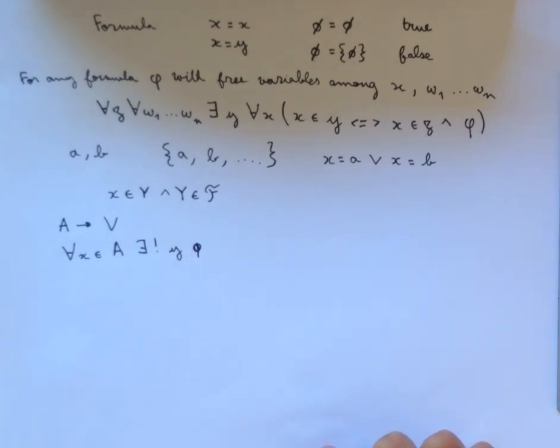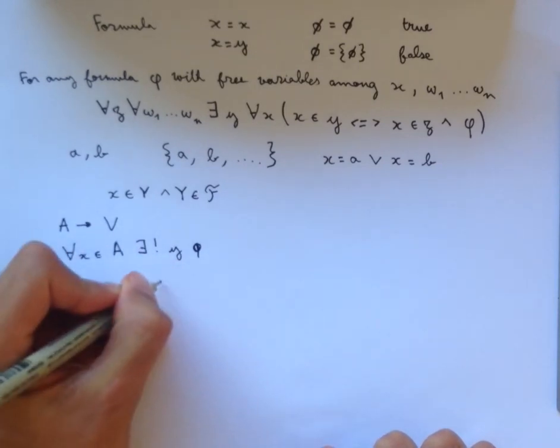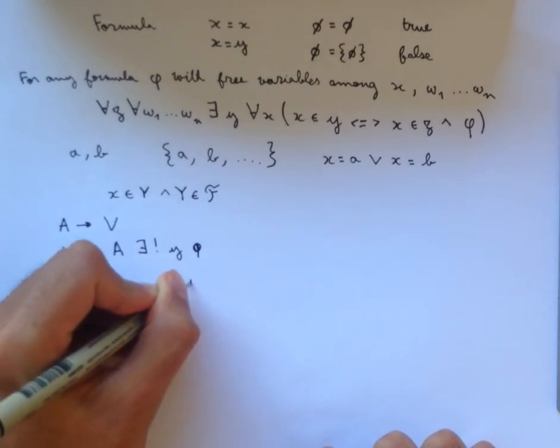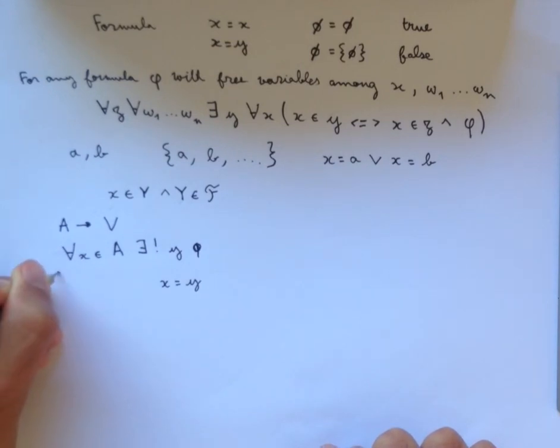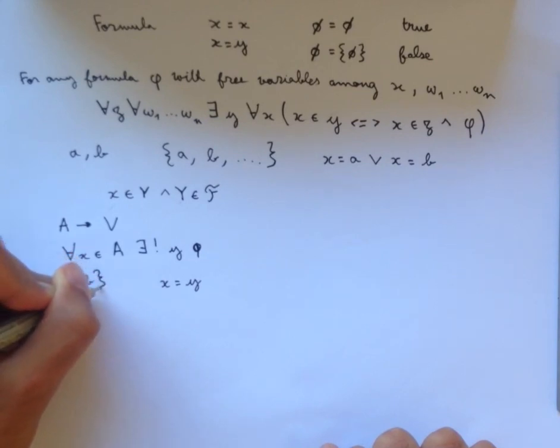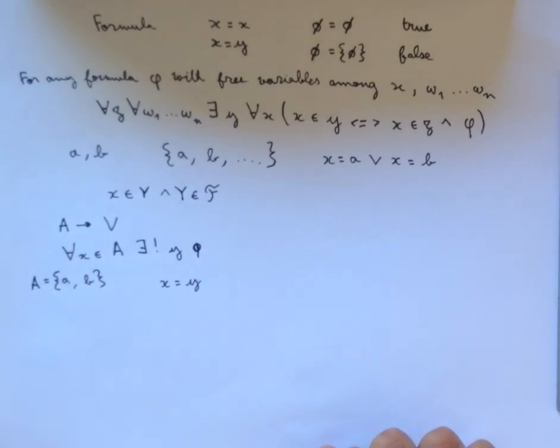So one example of a formula that we can turn into a function is x equals y. And so here, we'll say that A is going to be equal to the set containing little a and b.